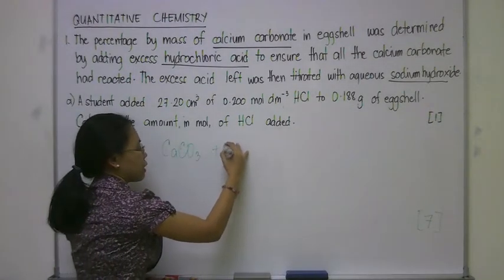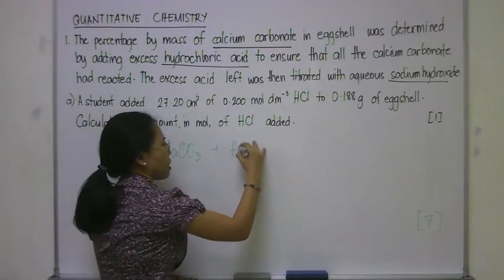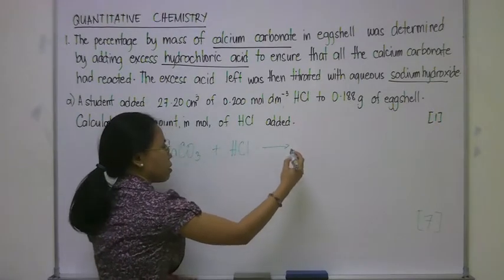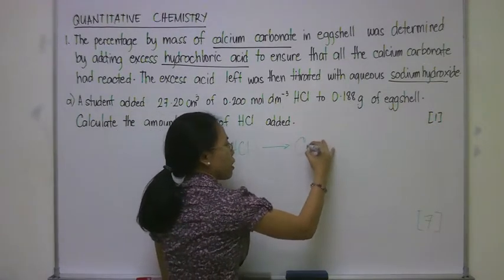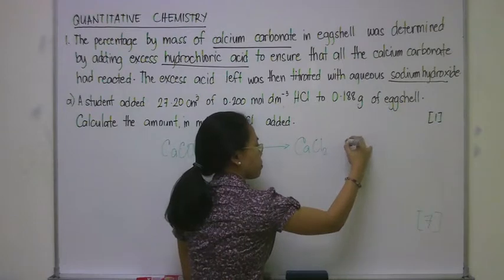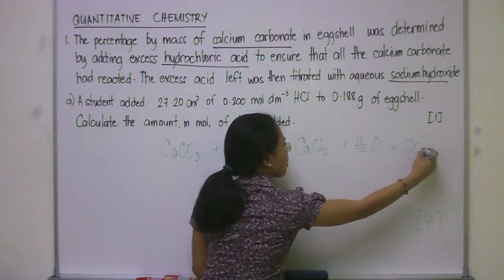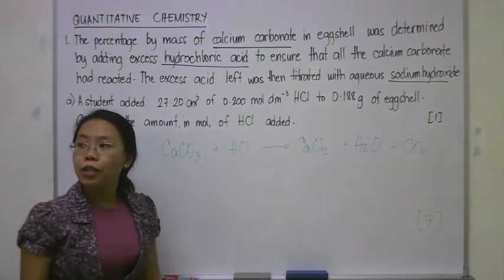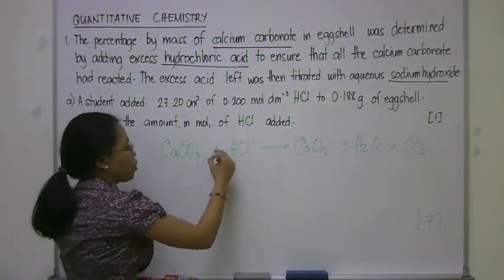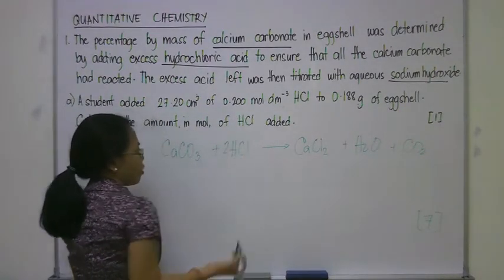So calcium carbonate reacted with excess HCl, producing calcium chloride and water and carbon dioxide. Okay, so you have to present a balanced equation.